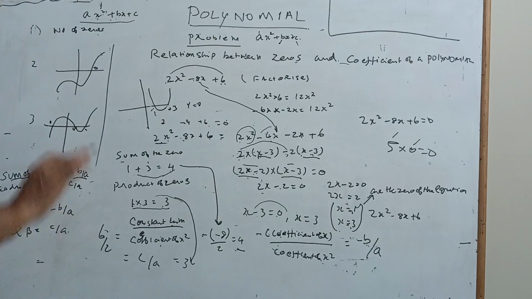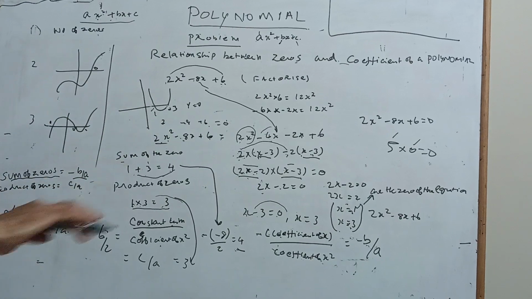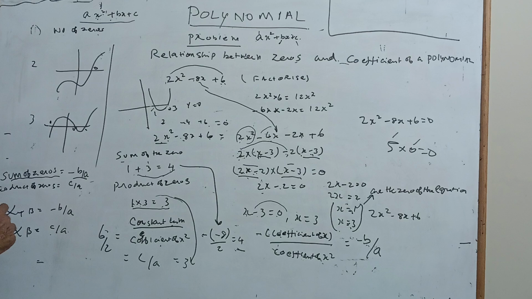Finally, we rewrite the zeros as alpha and beta, which are nothing but the zeros of the equation. So alpha plus beta equals minus b by a, and alpha beta equals c by a. This is a very important thing in polynomials.